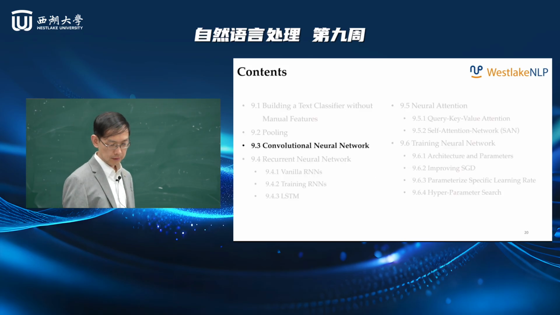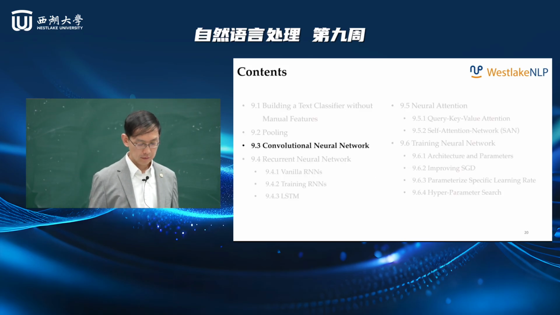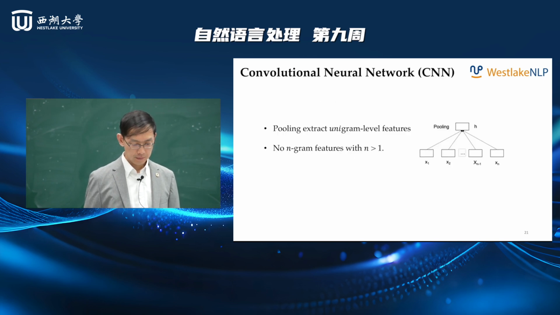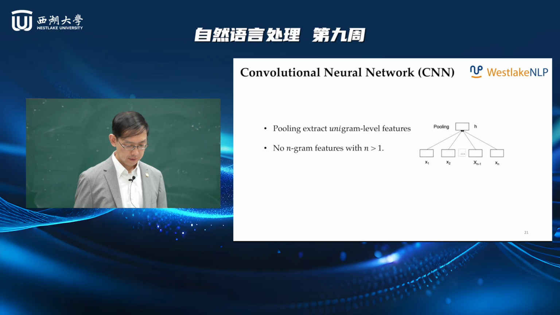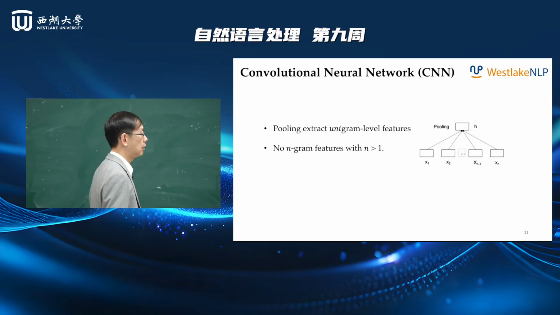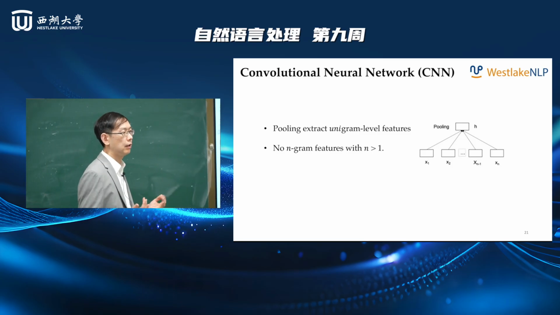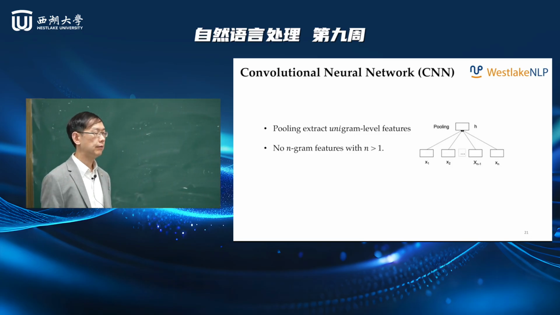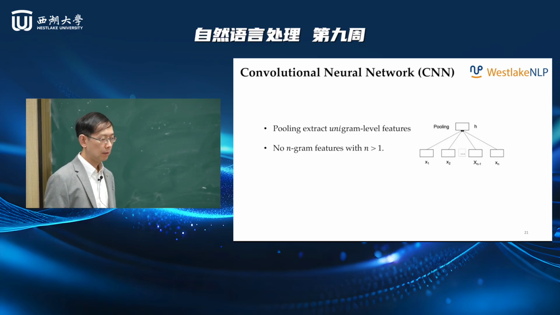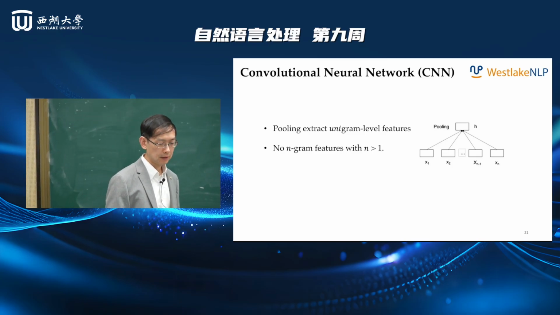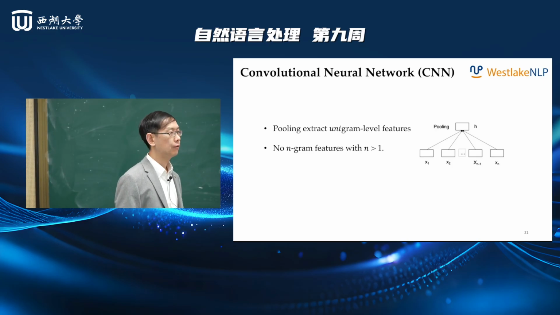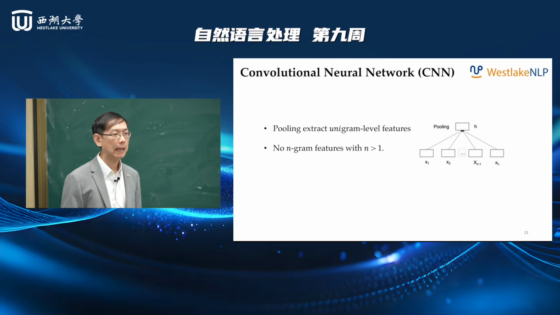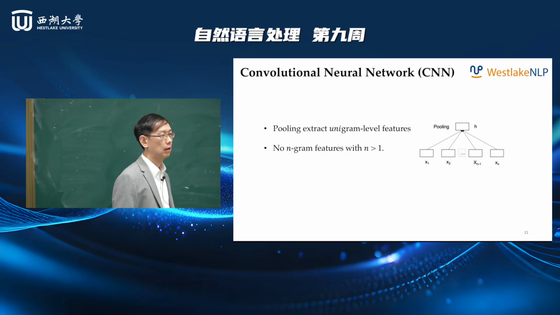All right. So next, convolutional neural network. So pooling is very simple, straightforward. It can assemble a varying size list of vectors. But pooling is a little bit like a bag of word model, in the sense that it just aggregates features, right?